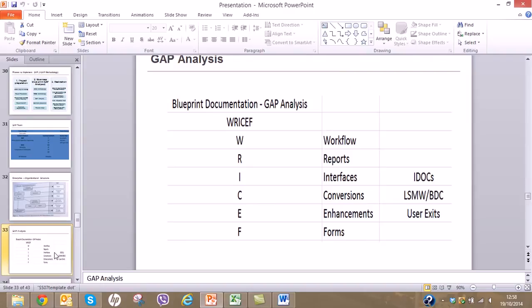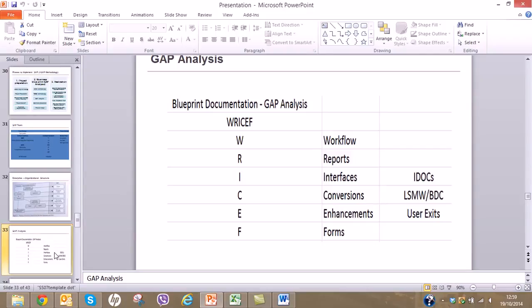If it is a gap in the process, which is not possible to be fulfilled by the standard template of SAP, then we have to look at the gap. And it is the business requirement. The gap can be found in this term which is called RICEF.